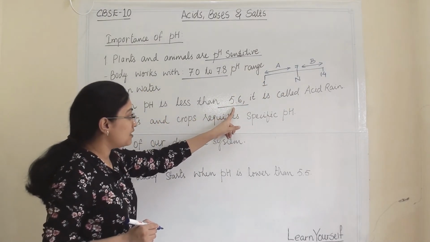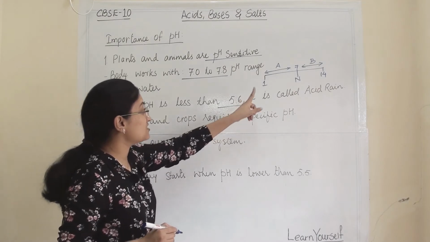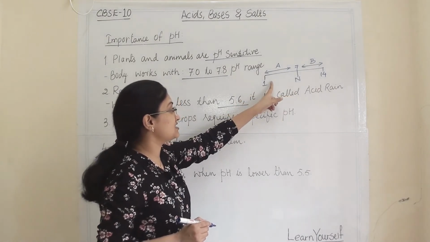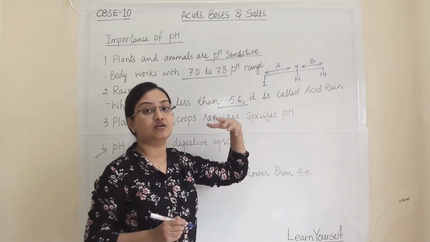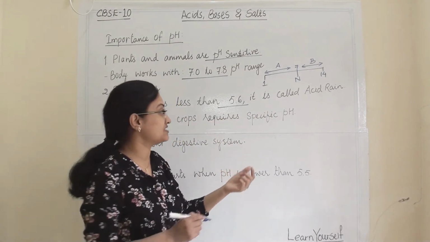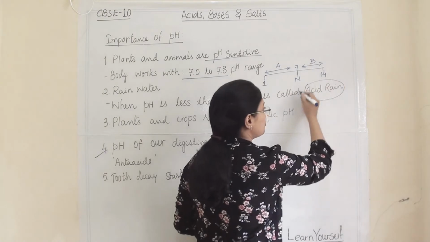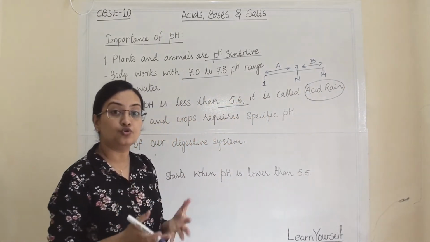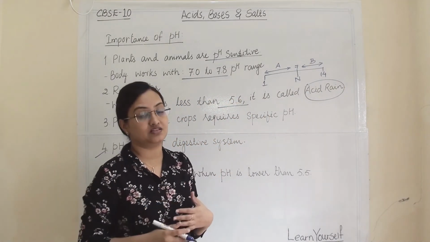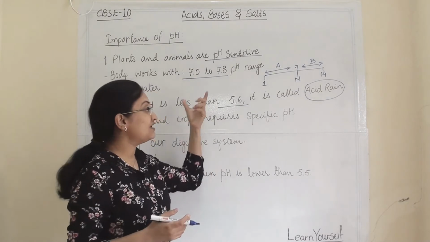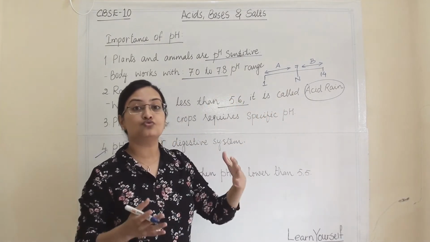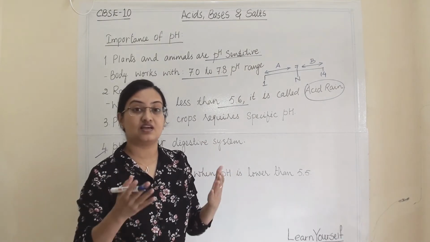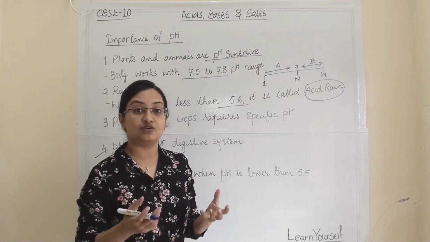So when rainwater's pH is less than 5.6, it is called acid rain, and we have learned many things about acid rain, that acid rain is not suitable for humans, animals and plants. Once the rain contains acid traces, it will go to natural reservoirs like rivers and lakes and mix with them.